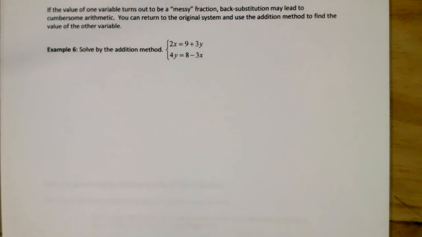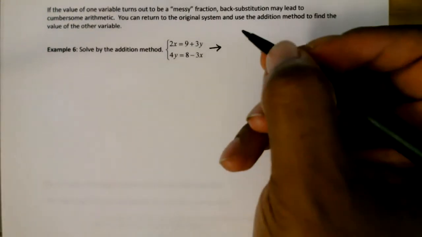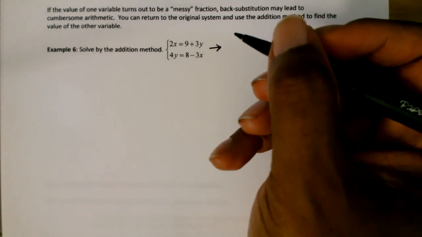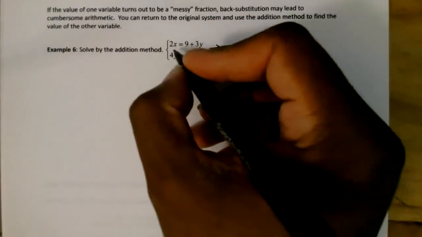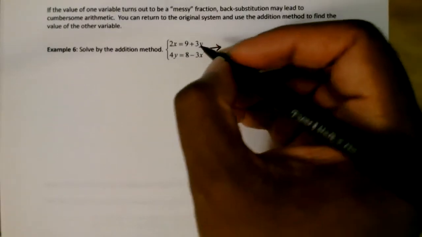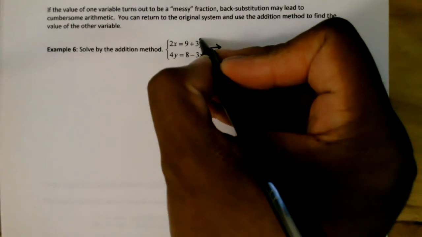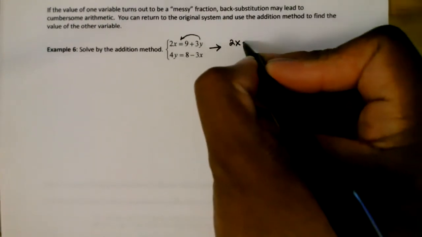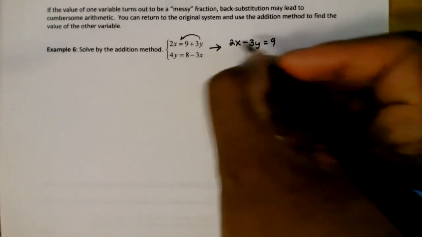Okay, so let's start by doing this. We need the equations to have the x and the y on one side and the constant term on the other side. So for the 2x equal 9 plus 3y, I need to move the 3y over to where the 2x is. And when I do that, it'll be minus 3y. And then that's equal to 9.